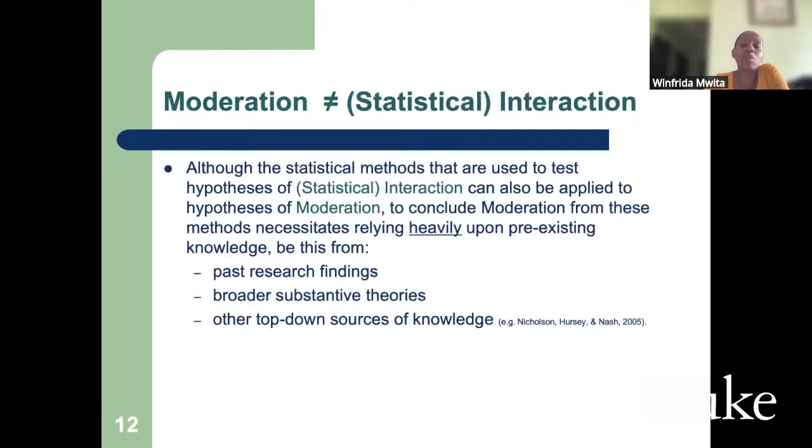Although the statistical methods used to test the hypothesis of interaction can also be applied to the hypothesis of moderation, for you to conclude that moderation exists, it's very important to have pre-existing knowledge from past literature findings, different frameworks, theories, or other top-down sources of knowledge that can help you know if the variable should be handled as a moderator, or whatever you're seeing is simply a statistical interaction.